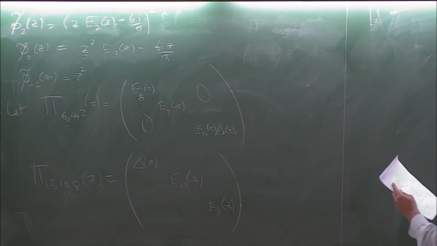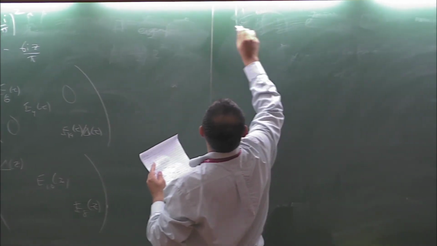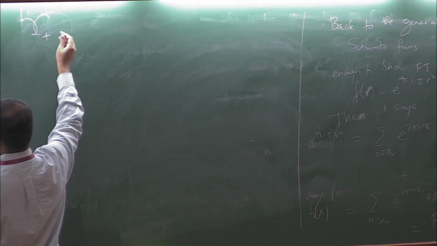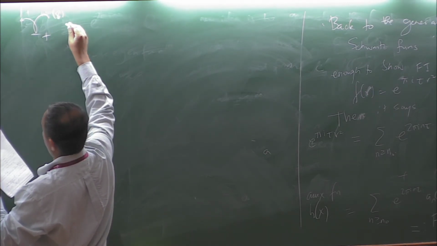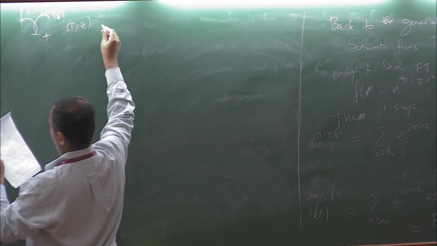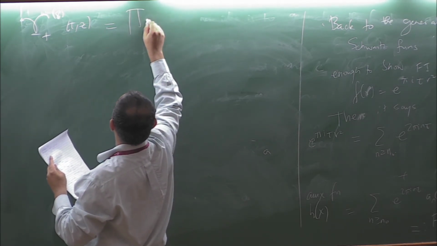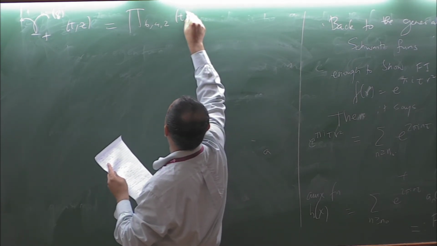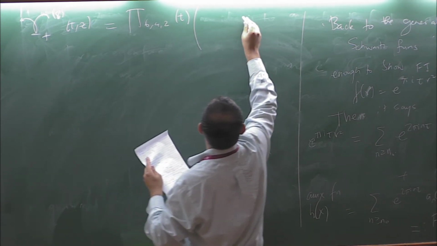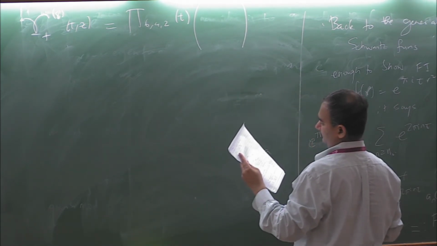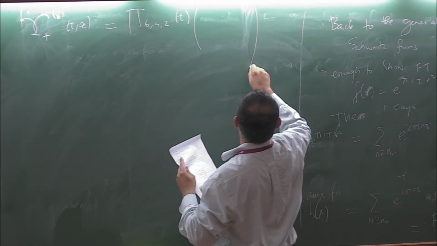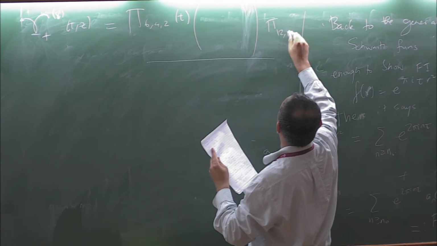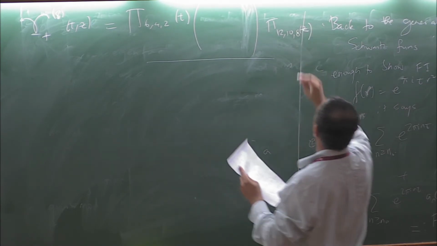Then we define a matrix, epsilon, this is for the plus kernel, epsilon 8 of tau z is the following matrix. It's pi 642 of tau times a slightly bigger matrix which I'll write down, and then divided by pi 12, 10, 8 of z.